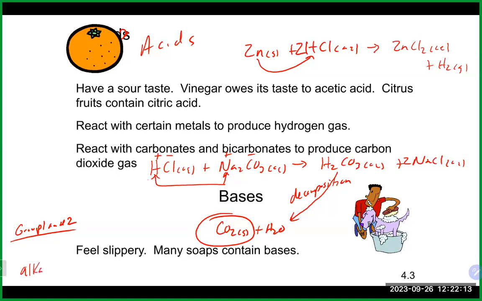The word alkaline means basic. So that is where a lot of our strong bases come from. Group 1, group 2 on the periodic table. I'll throw a little hydroxide on there, and you have some bases in this case. Things like drain cleaner and those types of things are bases. You can go to Home Depot and get just straight sodium hydroxide to clean your drain instead of Drano or whatever they use there.